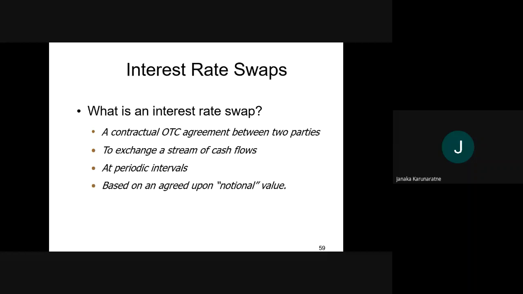Basically here, like the forward rate agreement, you don't exchange the notional value, but you exchange cash flows based on the interest rate differential.